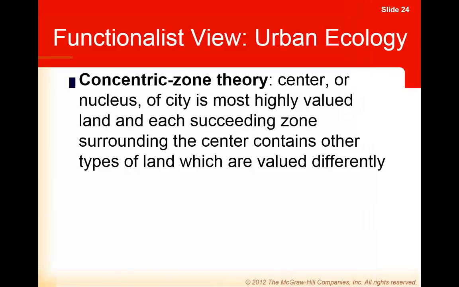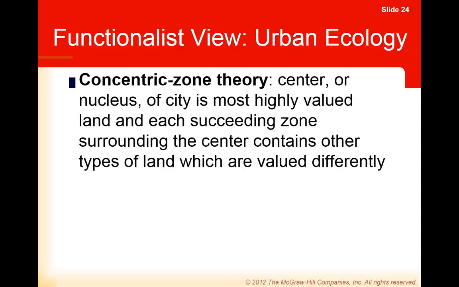The concentric zone theory was developed by Robert Park and Ernest Burgess, a couple of early sociologists in the early part of the 20th century at the University of Chicago. They developed this idea of concentric ring theory. There is one downtown center city area. Think about the Loop in Chicago.